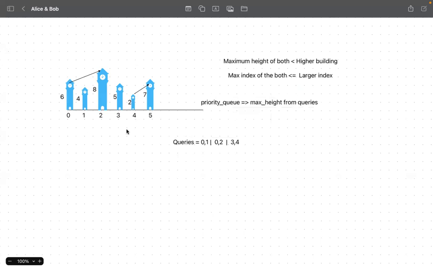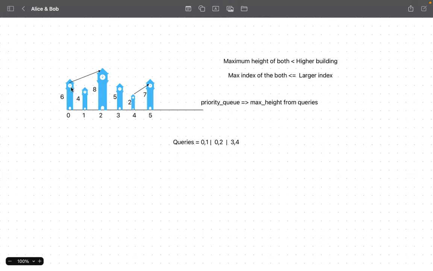So instead of trying to find a building for a given query, we will be finding queries for a given building, right? Suppose we are at index 2. For index 2, we will be finding out the queries which this building can serve. So this way we are solving it.